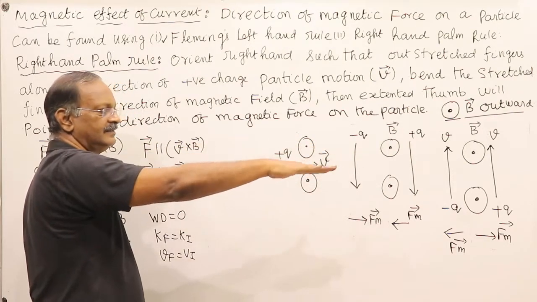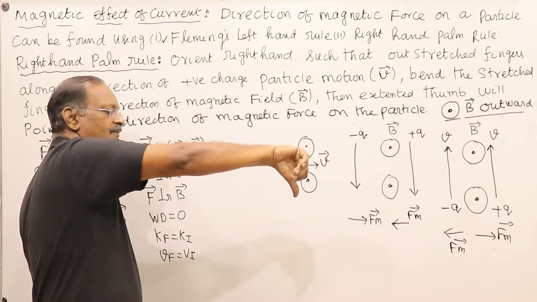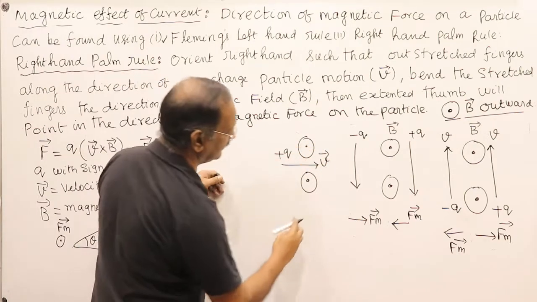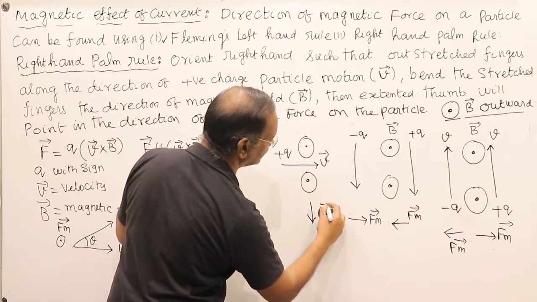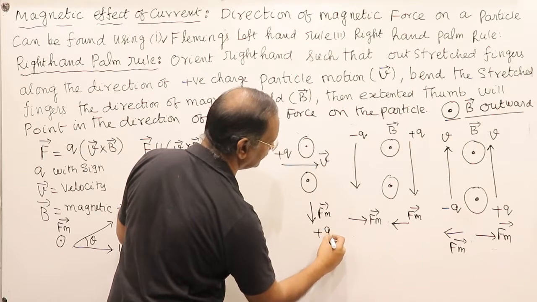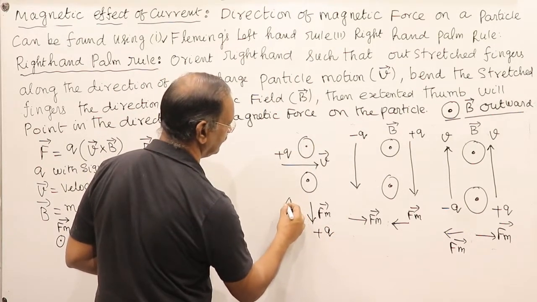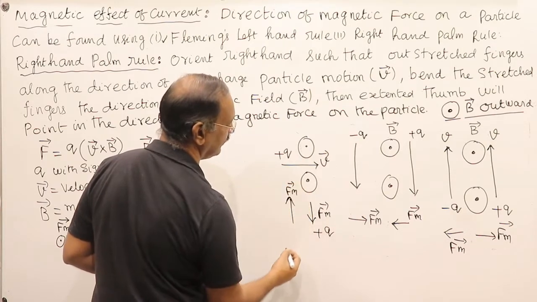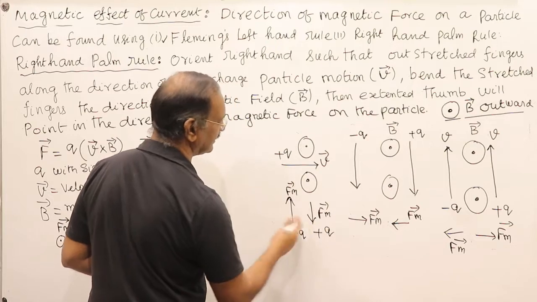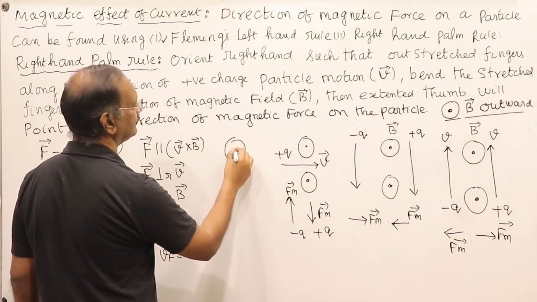So we can tilt it like this, and the downward direction is the magnetic force. Magnetic force is downwards for positive charge, and for negative charge it will be in the upward direction. Fm will be in the upward direction for negative charge. Exactly reverse.